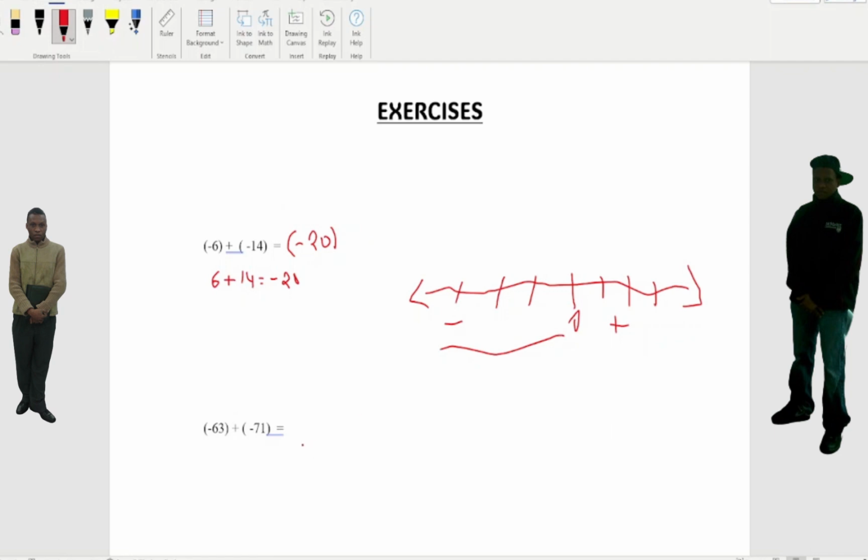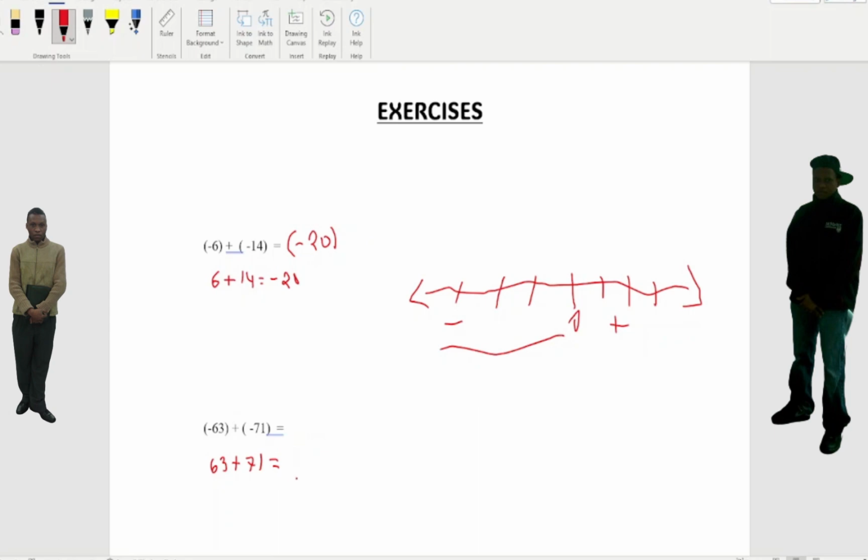So the next one, when we write 63, okay, plus 71 equal what?